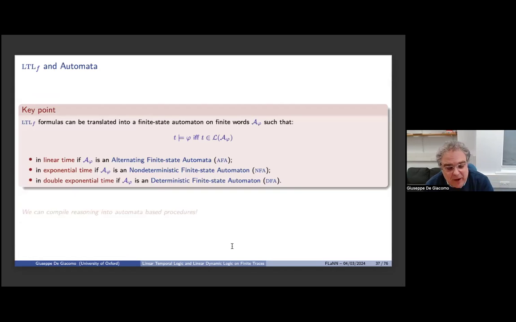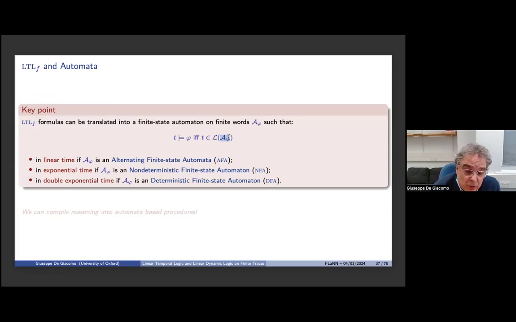Okay, so now let me go to automata. So what is the point of this logic? The key point is really this one. If you have an LTLf formula or an LDLf formula, a trace satisfies the formula if and only if the trace belongs to the language of a regular automaton.